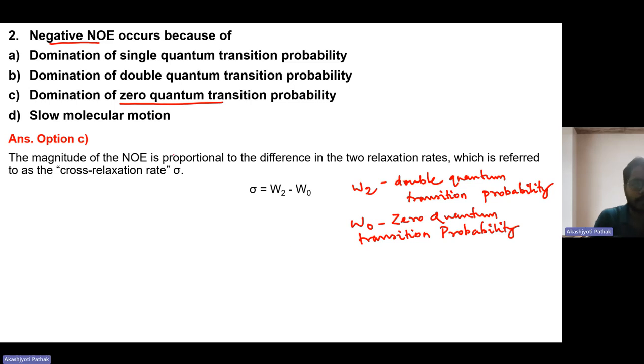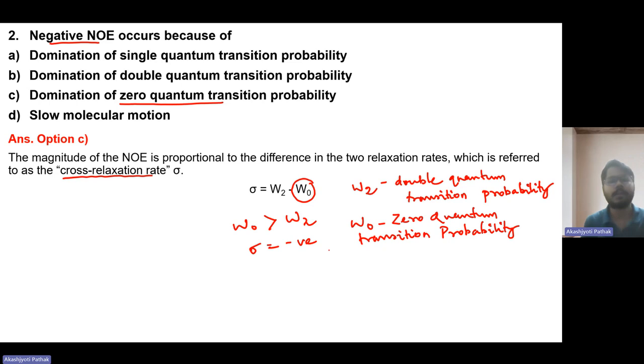If W0 is greater than W2, then the net magnitude of sigma, the cross relaxation rate, will be negative, and this process will be known as the negative nuclear Overhauser effect.